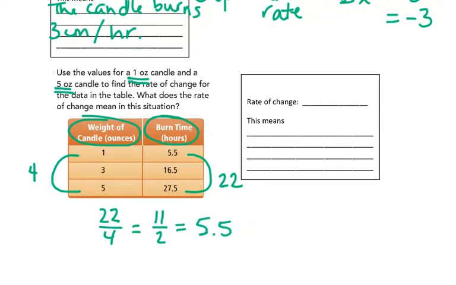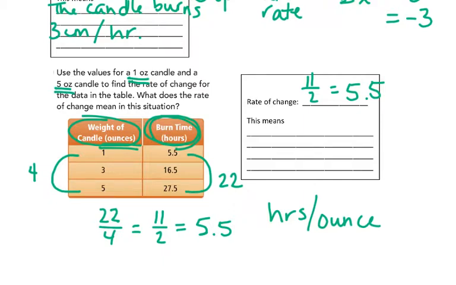So the rate of change, we could write 11 over 2, or we could write 5.5. It doesn't really matter. So what this means is that it burns 5.5 hours for every ounce of candle we have. So again, the unit rate is hours per ounce.